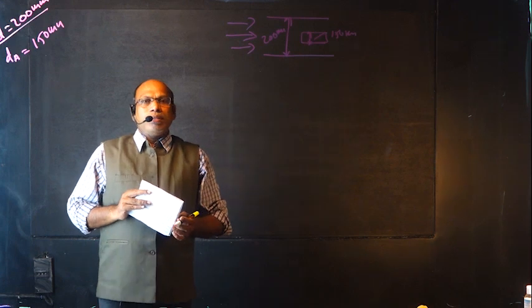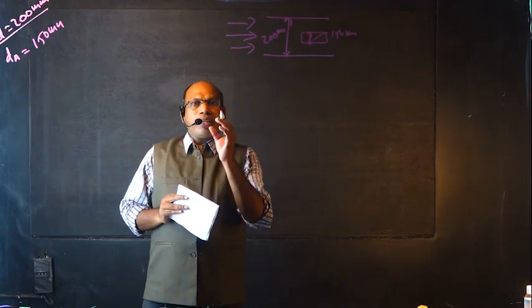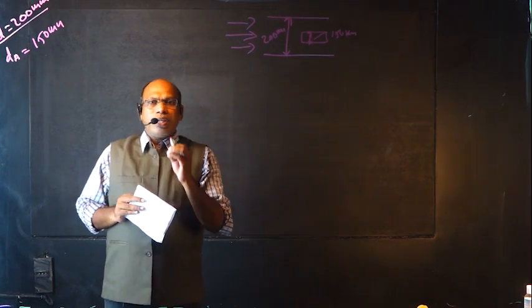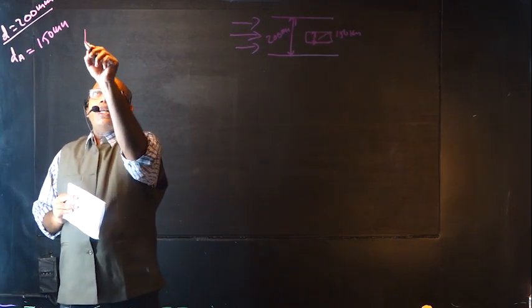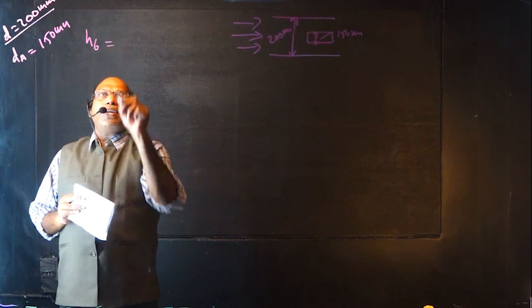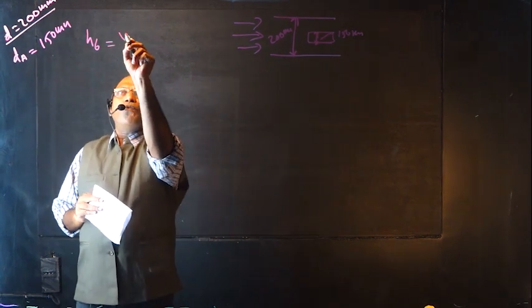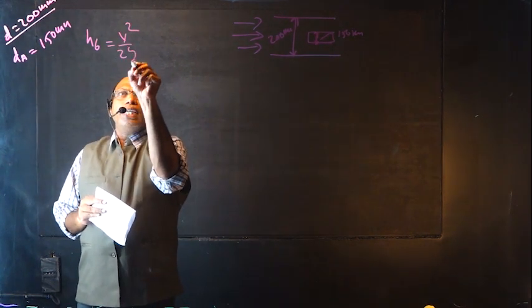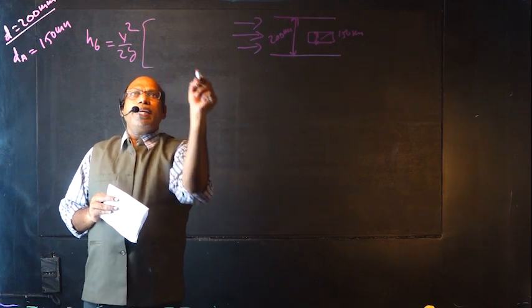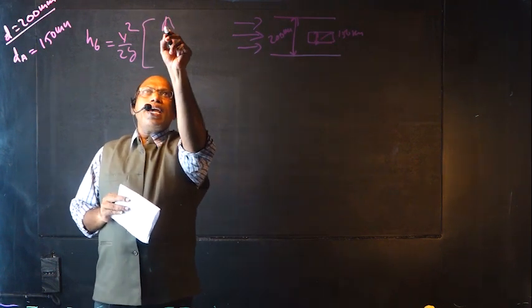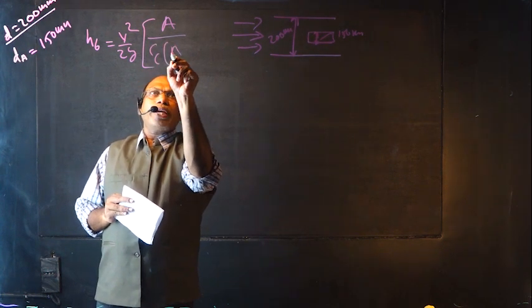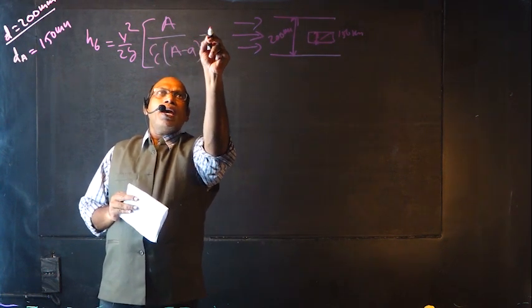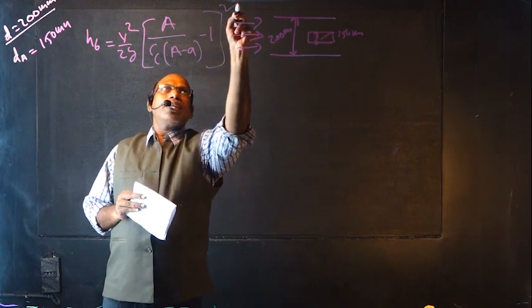For the determination of head loss due to obstruction, I have already given one formula: head loss due to obstruction equal to V square by 2G, bracket begin, capital A divided by coefficient of contraction into capital A minus small a, minus 1, whole square.